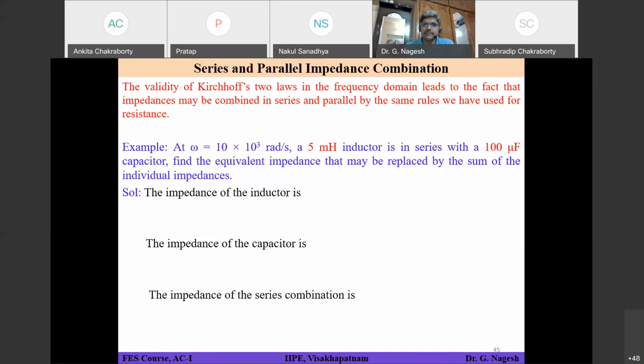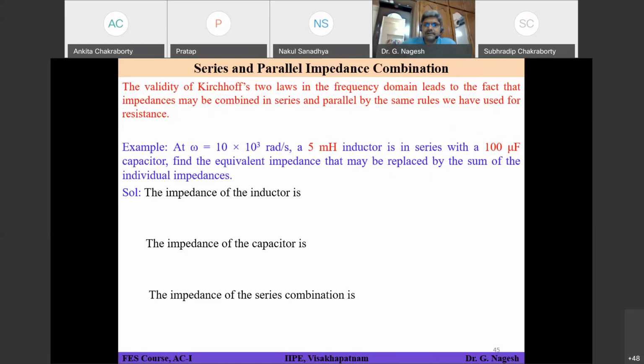Find the equivalent impedance that can be replaced by the sum of the individual impedances. So they have an inductance and capacitance in series and we need to find the total impedance. That's what they are asking us to find out. I hope you should be able to do this.